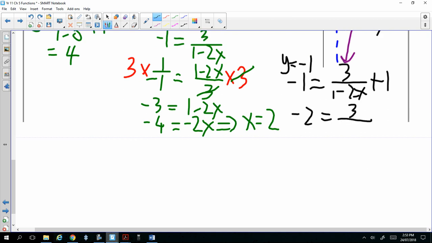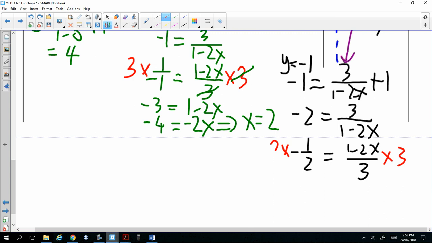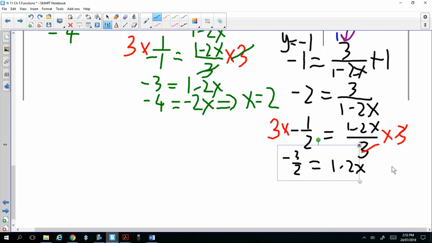Then multiply both sides by 3. You get -3 over 2, which is 1 minus 2x. And then you keep going, which is -5 over 2, equals -2x, so x equals 5 over 4.